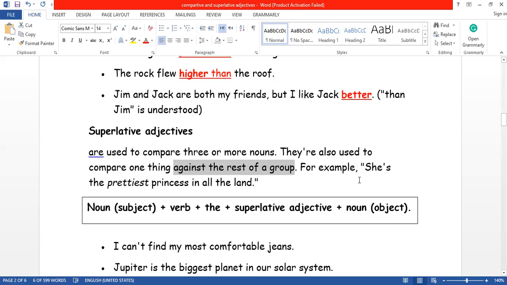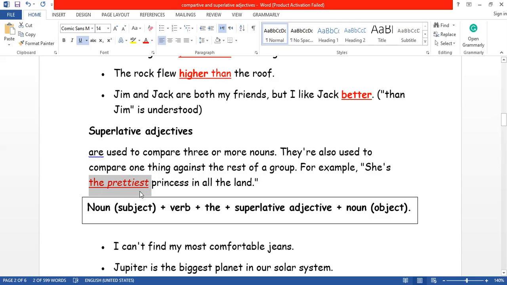So let's see this example to get to know more and more. She is the prettiest princess in all the land. She is the prettiest. Notice that we change the adjective pretty into prettiest.